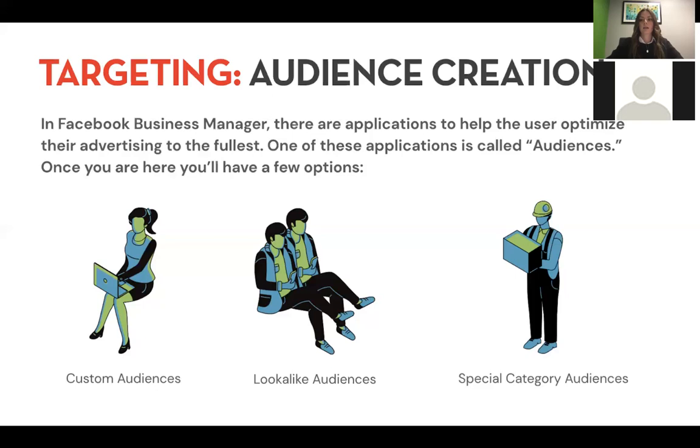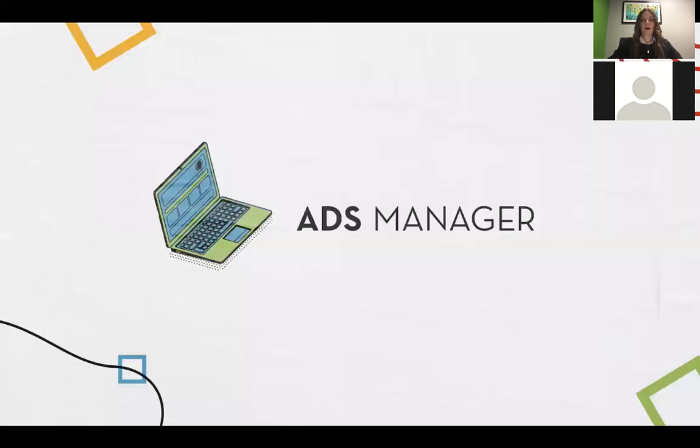So these audiences can all be included when we start narrowing down our targeting with geo or location targeting, detailed targeting such as demographics, psychographics, interests, you name it. So let's move on and talk about the Facebook Ads Manager platform. This is where all the magic happens.